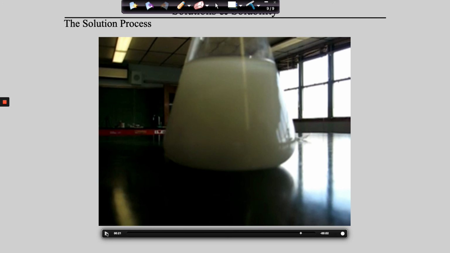So we would heat up distilled water, dissolve the sodium acetate in there, but what would happen is we could never quite get all of the sodium acetate to completely dissolve, and as it cooled, there were always little invisible crystals of sodium acetate that they would crystallize on.